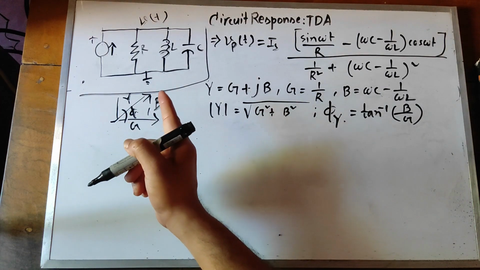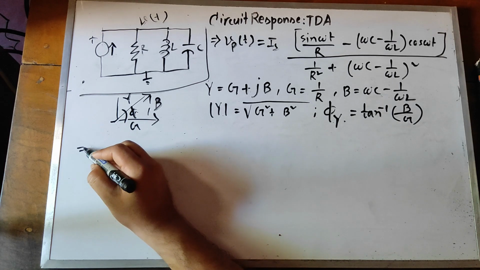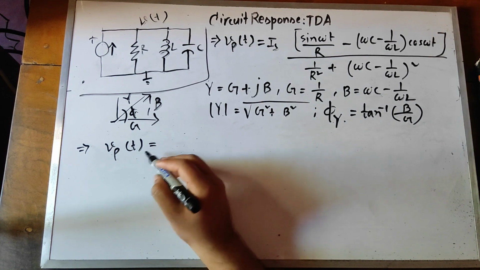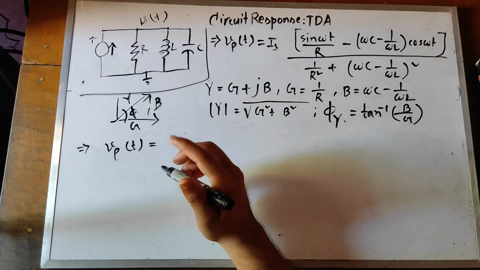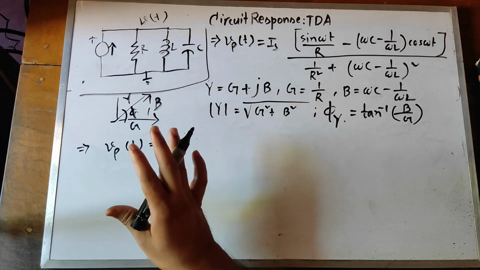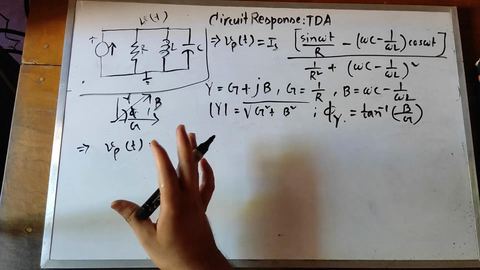So for the parallel RLC circuit, obviously, this will give me the voltage response, the particular integral or steady state part. I'm ignoring the transient response part because it is not that significant for this. You can derive it yourself.